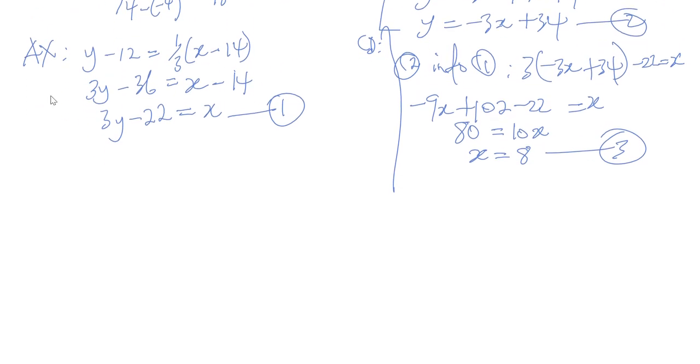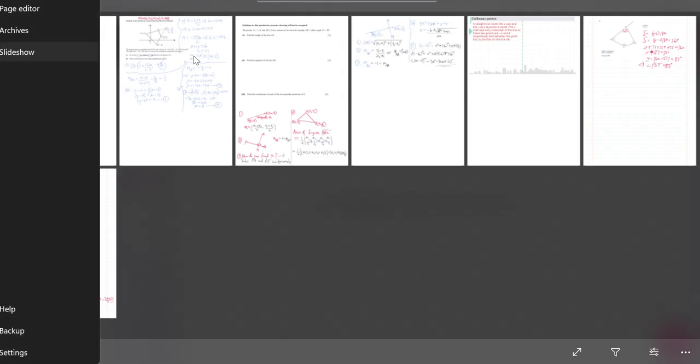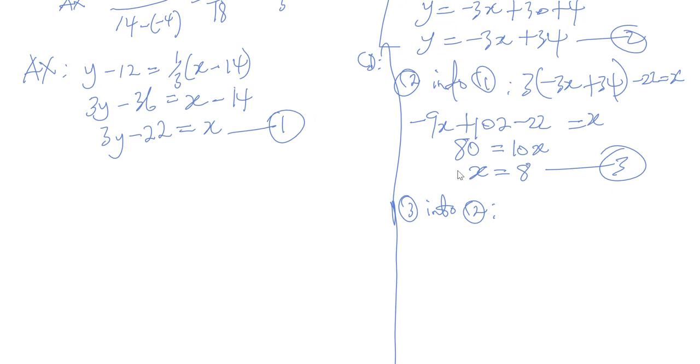Next, we substitute equation 3 into equation 2. Now equation 2 is giving us y equals -3s plus 34, where the value of s is 8.